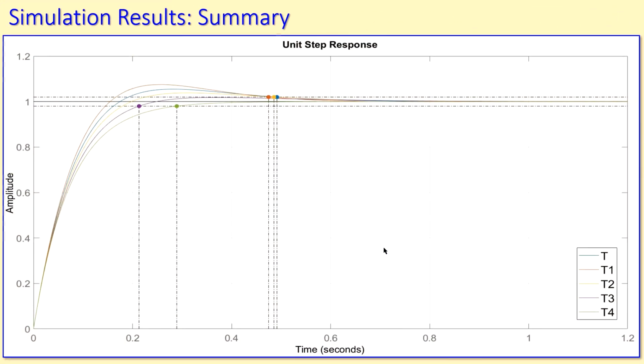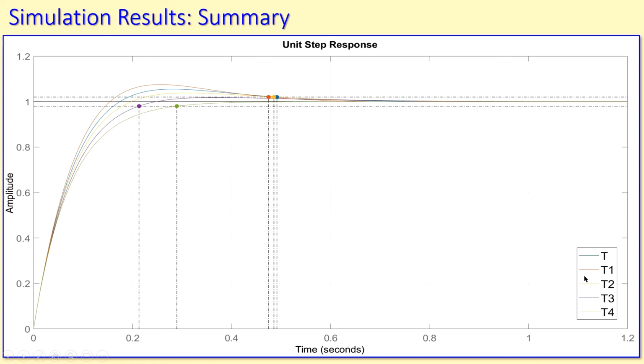Now, if I summarize the result in the next step, this is the unit step response for all closed loop transfer functions. We have the T, which is the situation where we have the original designed system, given here in blue. And this T1 is what we had when we placed the 0 of our PD controller at -8.